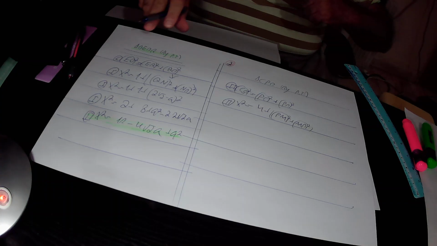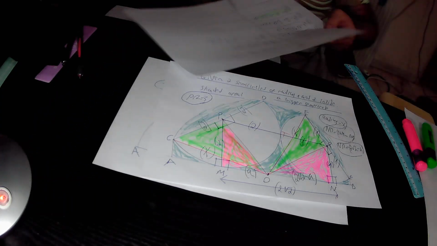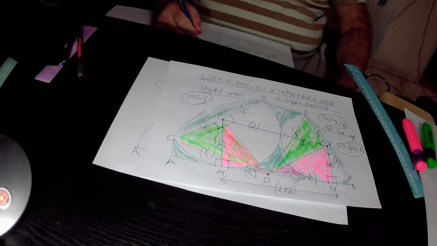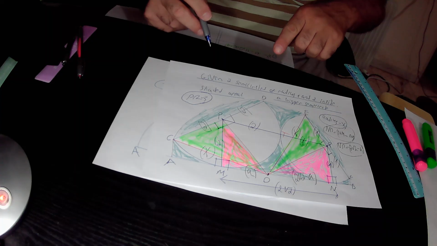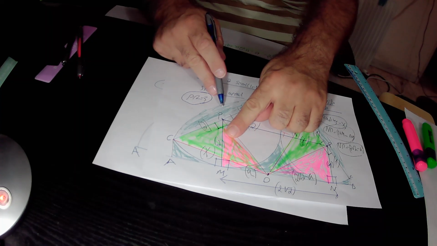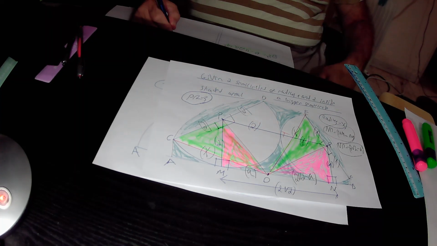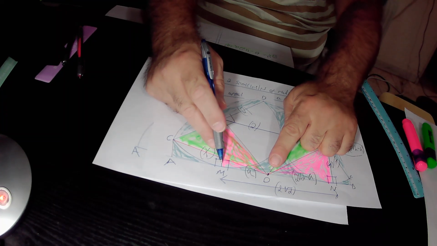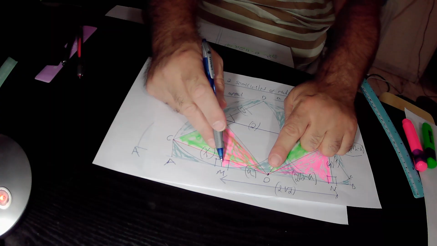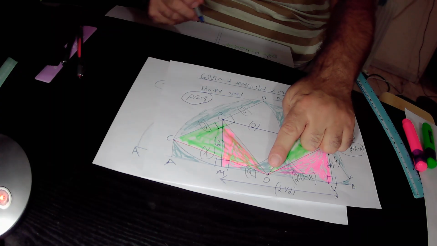So in total, according to equation 2, we should find out that X squared equals 4 plus PM squared. PM is 2, therefore PM squared is 2 squared, that is 4, plus MO squared. MO is A, therefore MO squared is A squared.